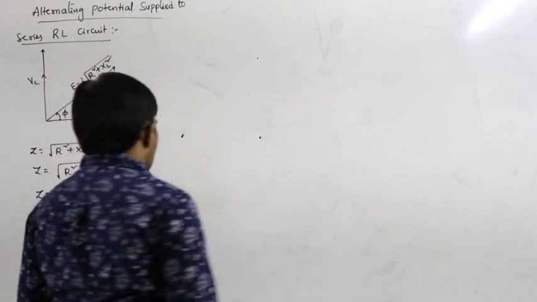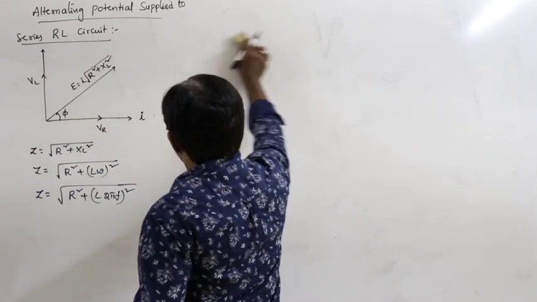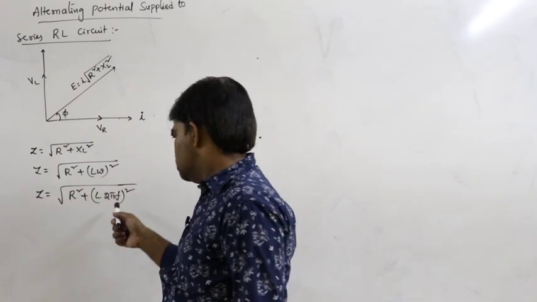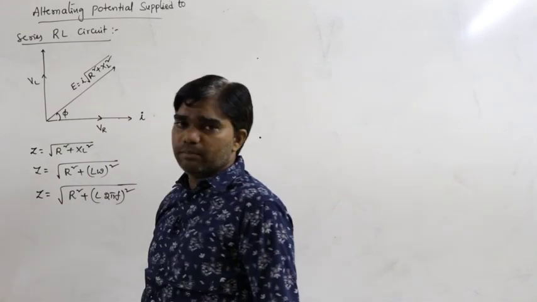So how does the impedance vary here? Due to the variation of the resistance, impedance varies. Due to the variation of the inductance, impedance varies.